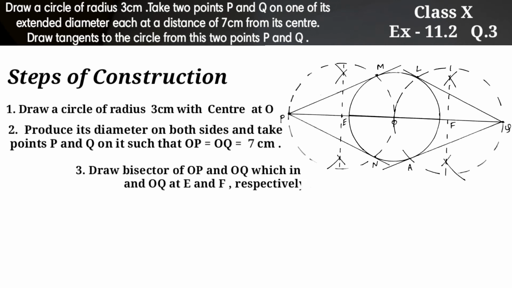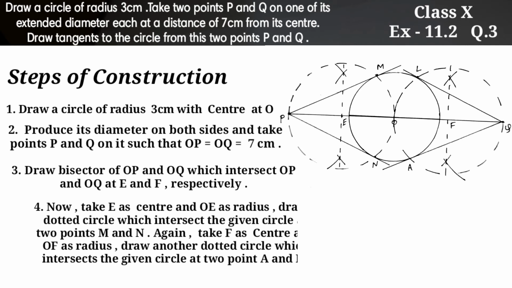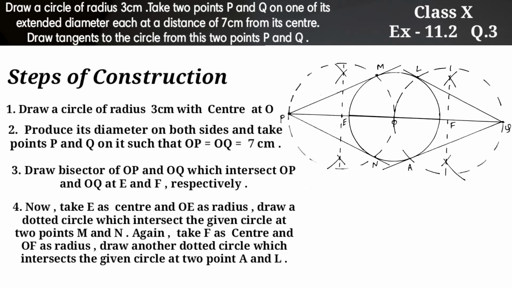Third, draw bisectors of OP and OQ which intersect OP at E and OQ at F. Now take E as a center and OE as a radius and draw a dotted circle which intersects the given circle at 2 points, suppose M and N.